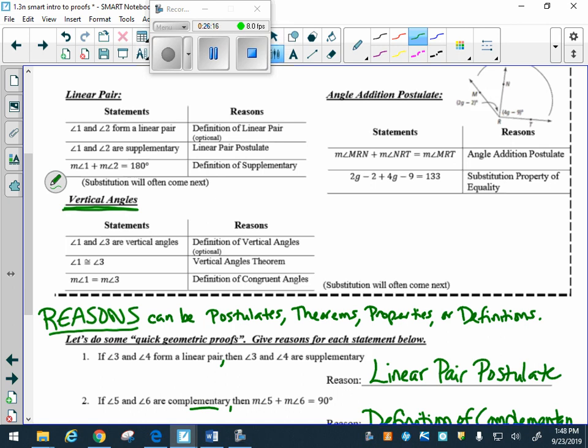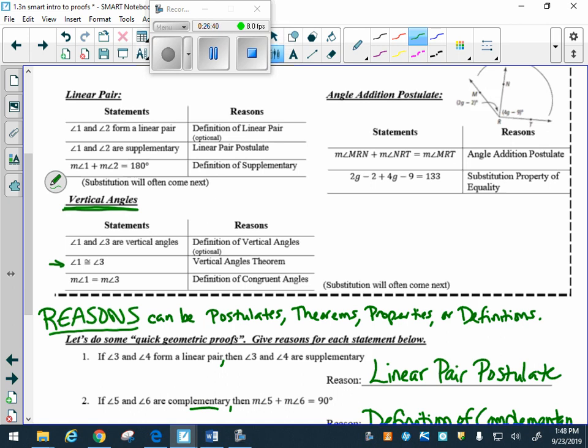I put optional here because it's not a step that I require you to do. If you're looking at a diagram and you're concluding, oh, look at that, I'm looking at a pair of vertical angles, it's a good statement to make. It's a logical statement to make. It's not one that I require. I let you go straight to this step if you want to.